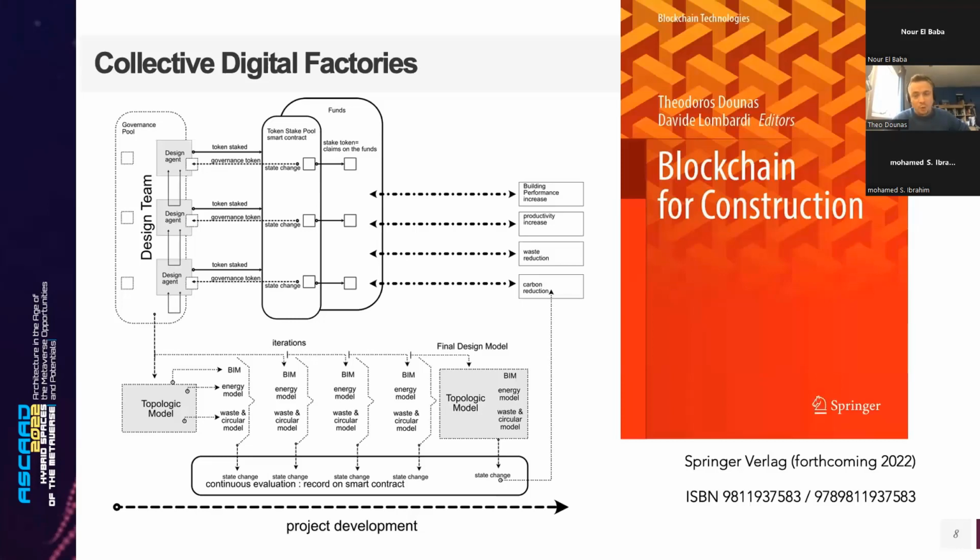So for example, we can assign a financial incentive on having a model that is going to be less wasteful and less carbon intensive. And through that point of view, the design team would earn more money the more carbon efficient and waste efficient their solutions could be, just as an example. This is part of a new book we have out with Davide Lombardi, Blockchain for Construction.